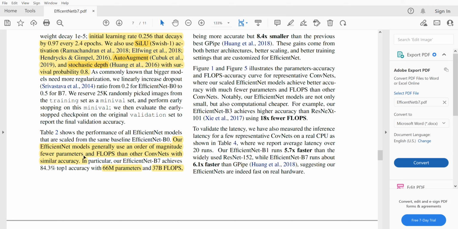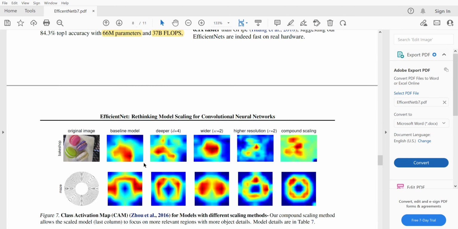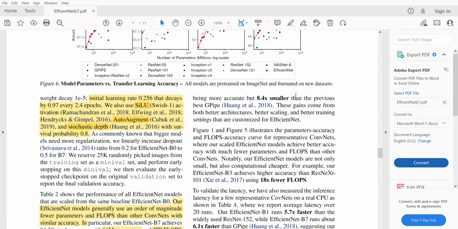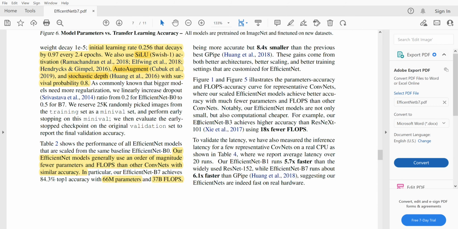Regarding ImageNet accuracy, our EfficientNet models generally use an order of magnitude fewer parameters, but EfficientNet achieves 84.3% accuracy with 66 million parameters and 37 billion FLOPs, and they say it is far smaller than the previous best, given these gains. You can see that this network is small. They're claiming that there.